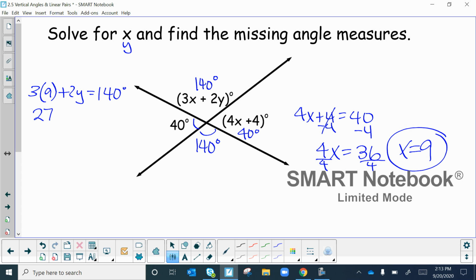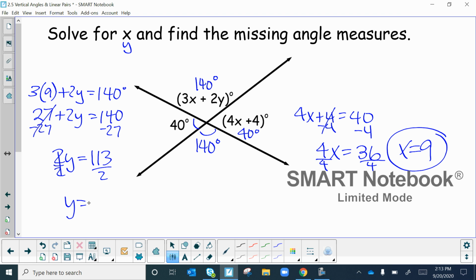So I know this is 27 plus 2Y equals 140, subtract 27 from both sides. 2Y equals 113. I think that's right, 120. Yes, 113. Divide by 2, divide by 2. Y equals 56.5.